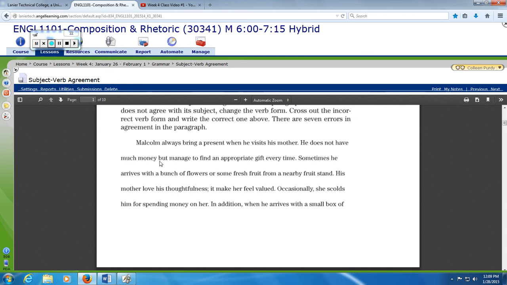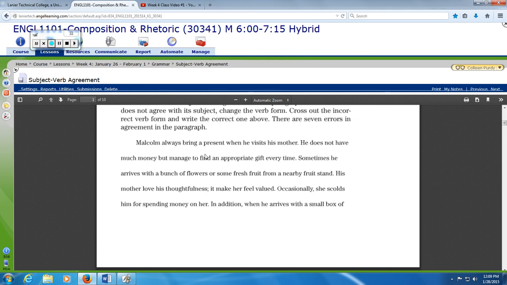Look at this, but. But is one of those coordinating conjunctions called FANBOYS, and you've got a list of those on the back of that sentence pattern sheet. You can remember the FANBOYS because it's an acronym that stands for for, and, nor, but, or, yet, so. Those are conjunctions. They join things. So when you see a conjunction, you're going to have two of something.